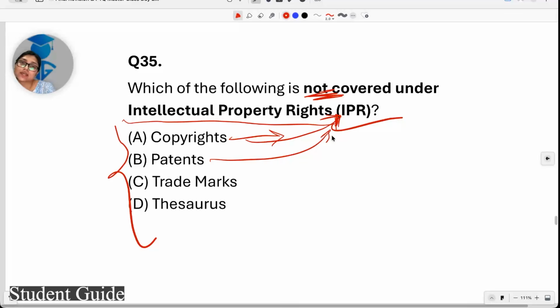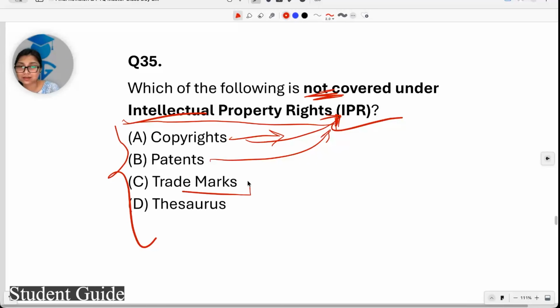I have already mentioned that if you have a patent for something, like some research you have done, and that is the first time you did it and no other person has done that particular thing, then you will definitely patent your work. Okay, so it will be only yours. So that patent also comes under intellectual property right.